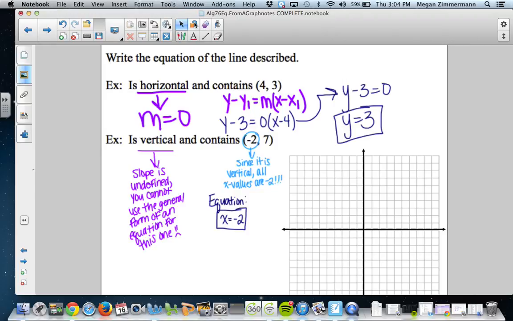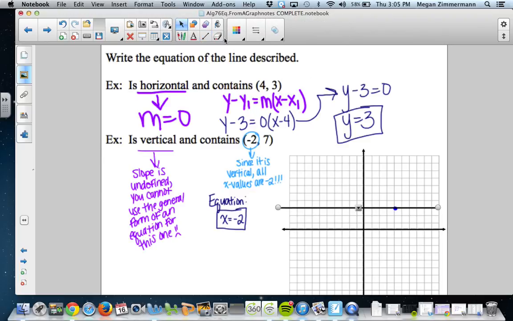And if you notice, let's plot this line real quick. So we have the point 4, 3. So 1, 2, 3, 4. 1, 2, 3. So there's the point with the horizontal line. And then if our line is horizontal, it's going to go through this point like this.